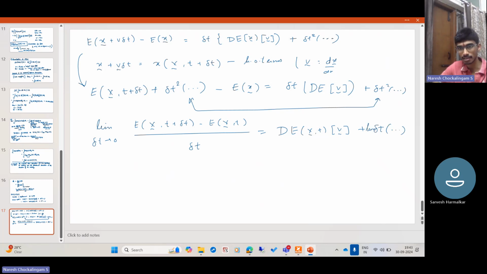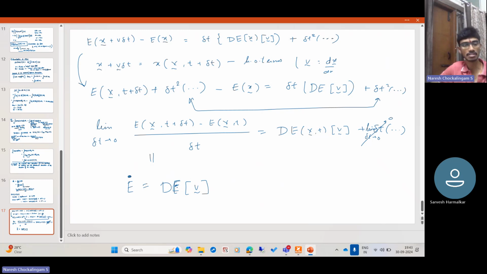And here you apply the limit delta t tends to 0. So this term will vanish, and this is nothing but the material time derivative of E. The material time derivative of E is nothing but the directional derivative of E in the direction of the velocity field. So again, I can drop the dependence.